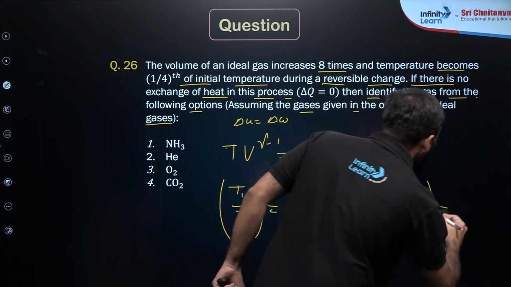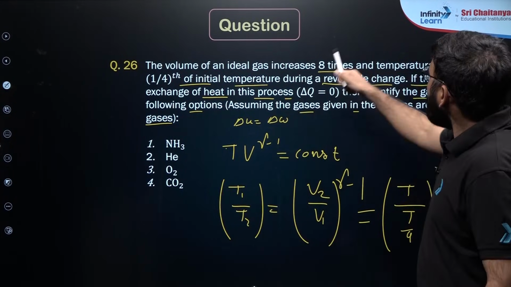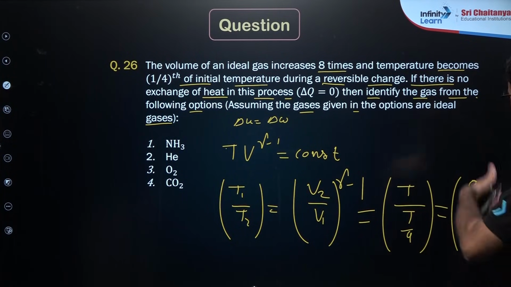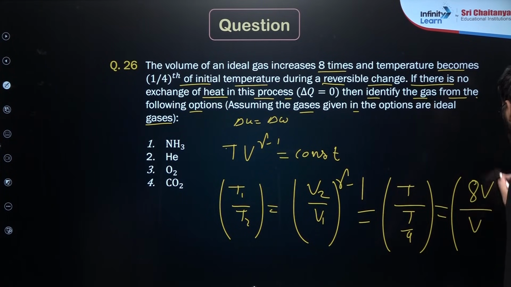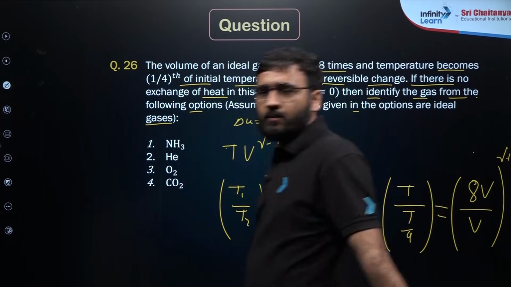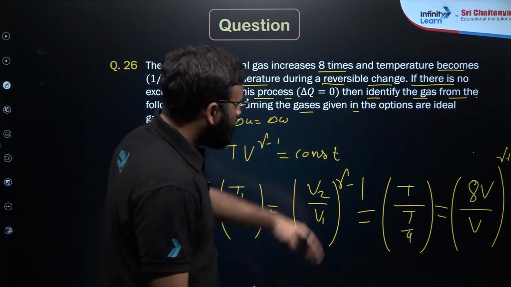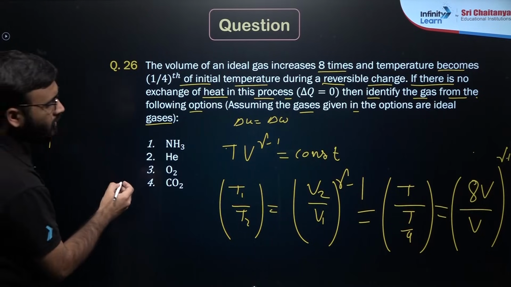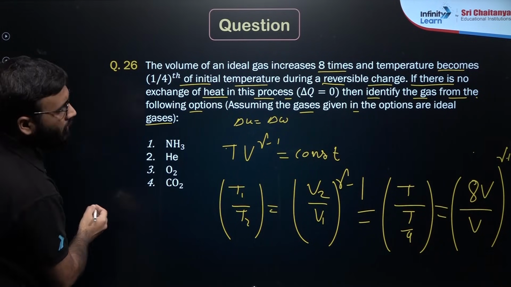Equals, its second volume is 8 times its initial volume. So 8V divided by V, power gamma minus 1. So T and T cancel out, 4 is going up, so 4 equals 8 power gamma minus 1.